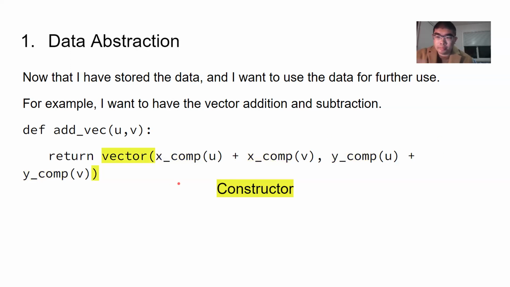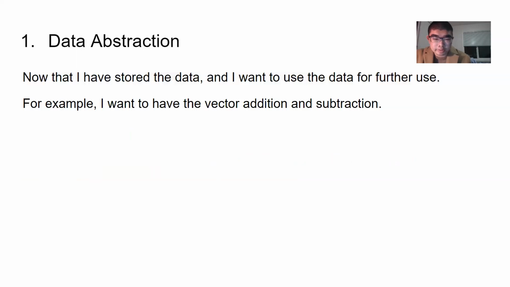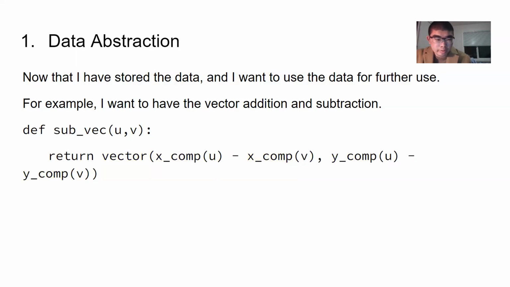According to the math we've learned, you add them together, put the X at the first place and the Y at the second place, and then use the vector constructor function, which gives you the returned vector. So this is addition.